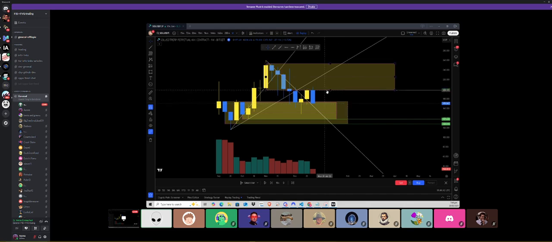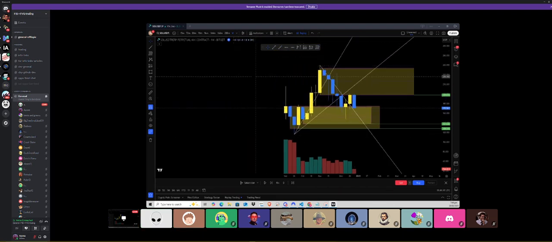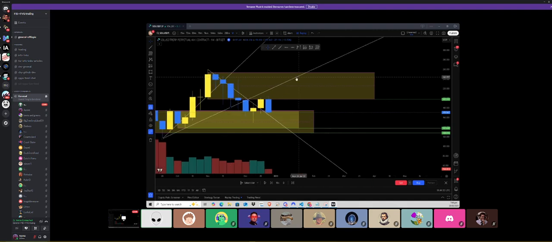You technically could have shorted from about $200 and held it through multiple trends and ended up pretty low. So, to answer the question one more time, trends on the top side are accumulation to accumulation.